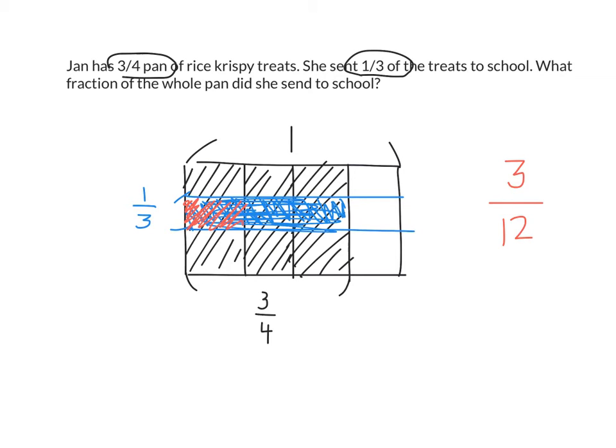If she only shaded in that much, what fraction of all of the brownies she made did Jan bring? 1/9. That's not what it says, right? Because do you see how the red part is only 1 out of 9 of those sections? But careful, it's actually 1/3. Now, 1/3 is shaded in. Do you guys see that? Yeah. So that's a really good, fabulous fail. Thank you for making that.